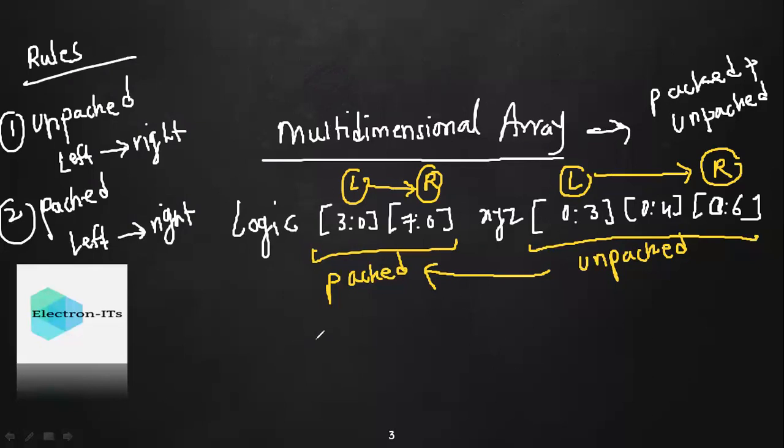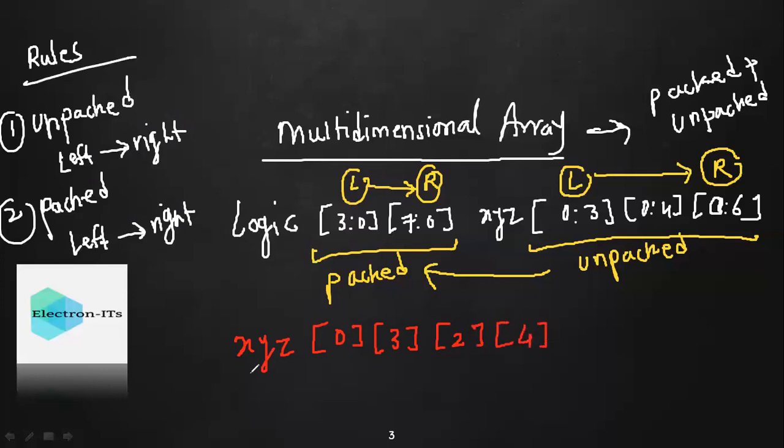If I want to find an element from the array, xyz is my array, and I'm writing the elements. So the first element is, suppose, 0, the second element is 3, then the third element is 2, and the last element is 4.